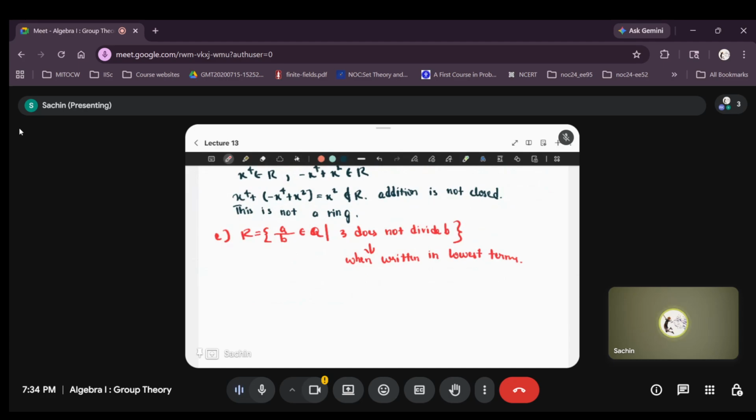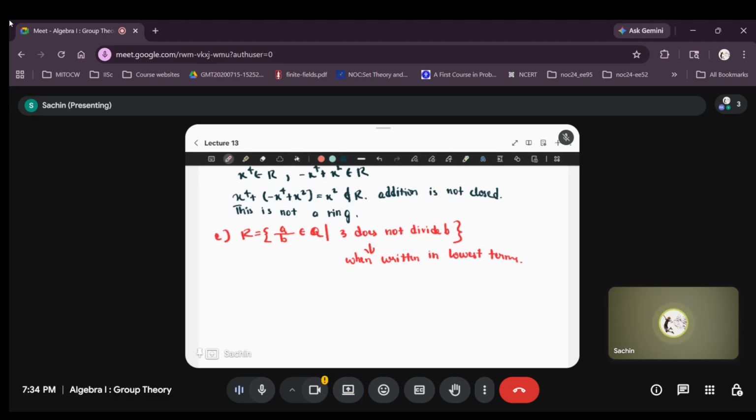For this, we have to use one theorem or lemma we learned in the preliminaries. If p is prime, then p divides ab means that p divides a or p divides b. The contrapositive of that is that if p does not divide a and p does not divide b, then p does not divide ab whenever p is prime.